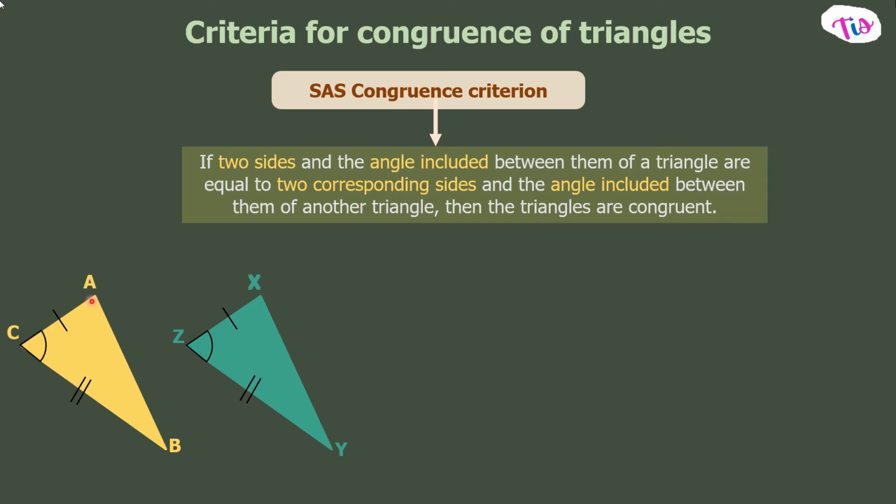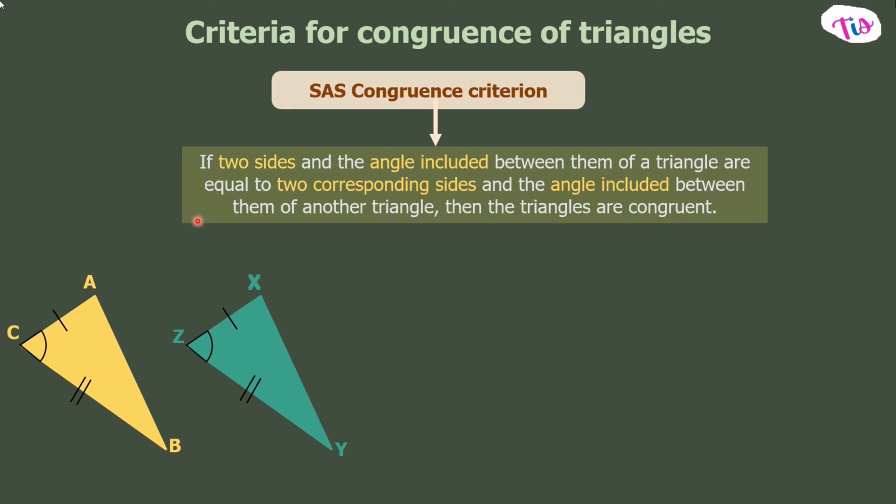Like you can see here, AC and BC, and the included angle is this one, angle C. If two sides and the included angle of one triangle are equal to the corresponding two sides and included angle of another triangle, then the triangles are congruent by SAS, side angle side congruence criteria.